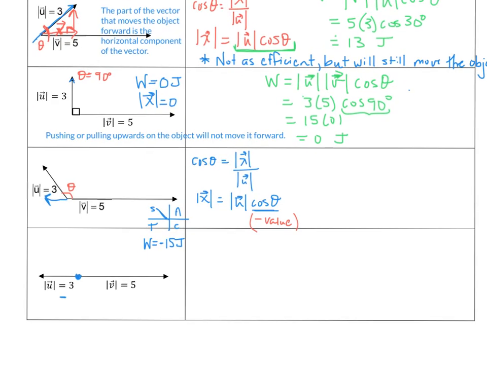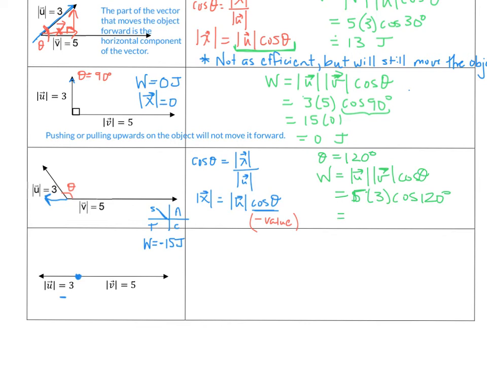Now let's say our theta in this example, let's let that be 120 degrees. Our work here then is still the magnitude of our two vectors, our force vector and our displacement vector, and we're going to multiply it by the cosine of our angle. So that's 5 times 3 times the cosine of 120 degrees.